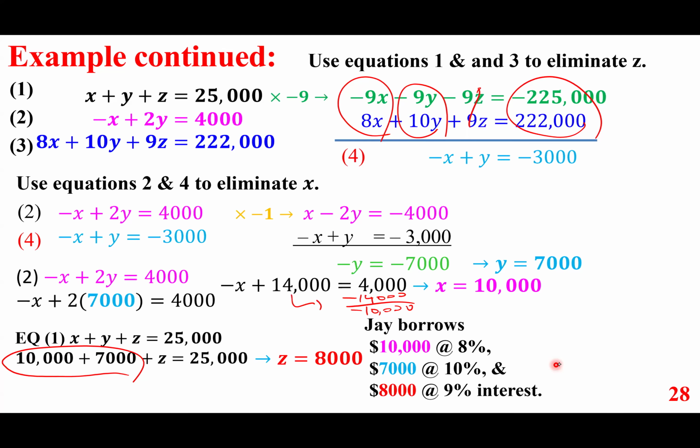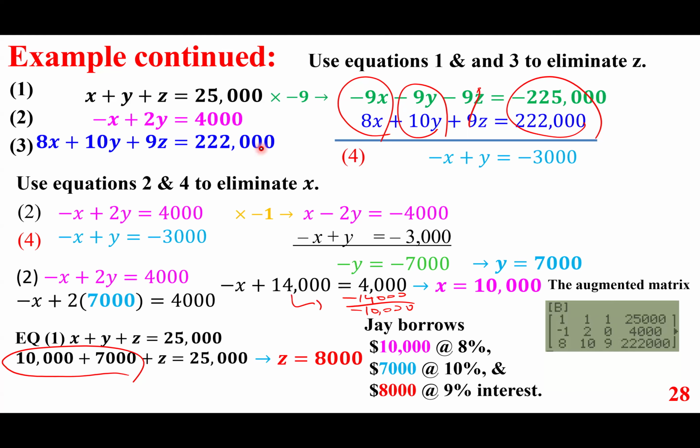Now, we just quickly can go with the augmented matrix and use a calculator. So if I want to go with the augmented matrix, the row 1, 1, 1, 25,000, negative 1, 2, 0, 4,000, and the last one, 8, 10, 9, 222,000.